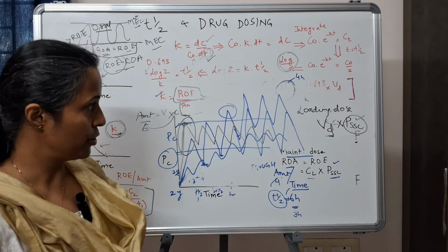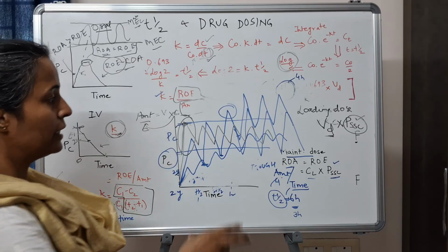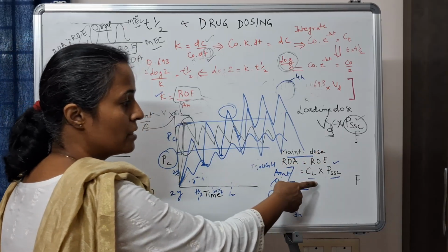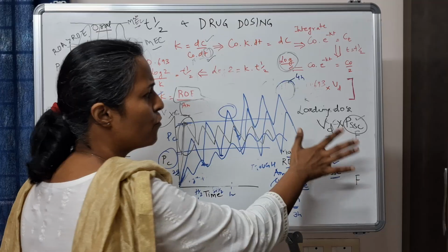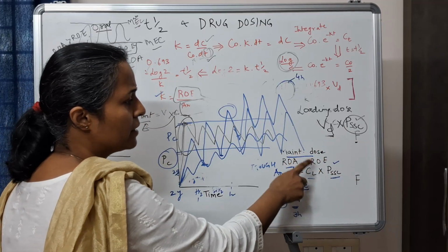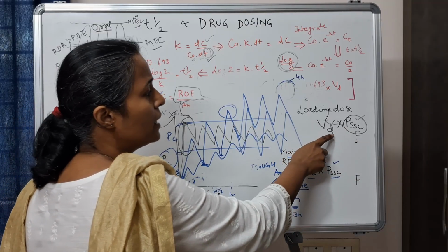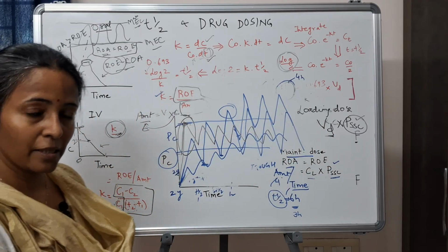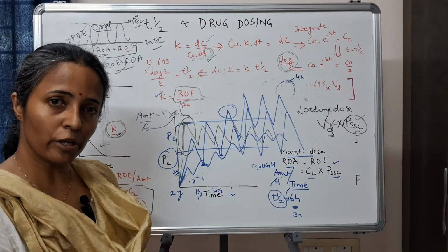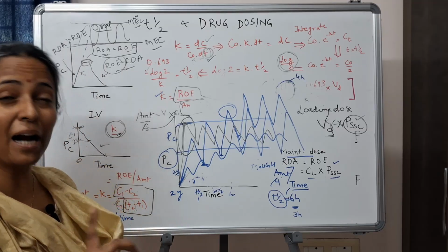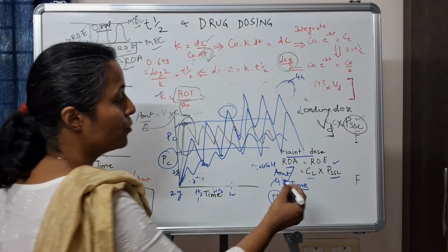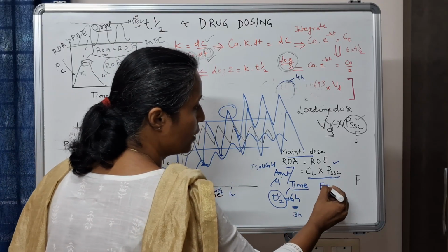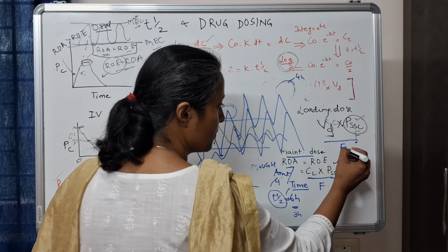Now before we finish, just a final thing: here I talked about maintenance dose depending on clearance. The same formula is there, except that in the loading dose, clearance is replaced by volume of distribution, right? But if you are giving the drug orally or by any route apart from the intravenous route, you have to divide this by bioavailability as well, right?